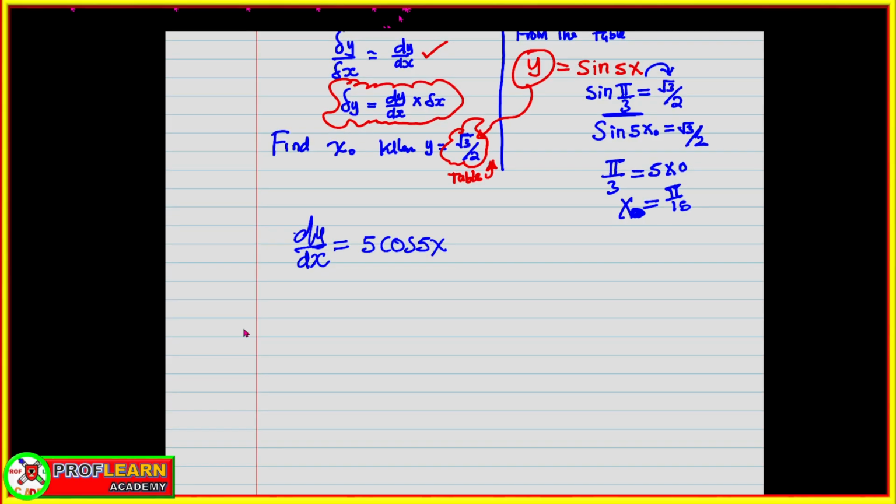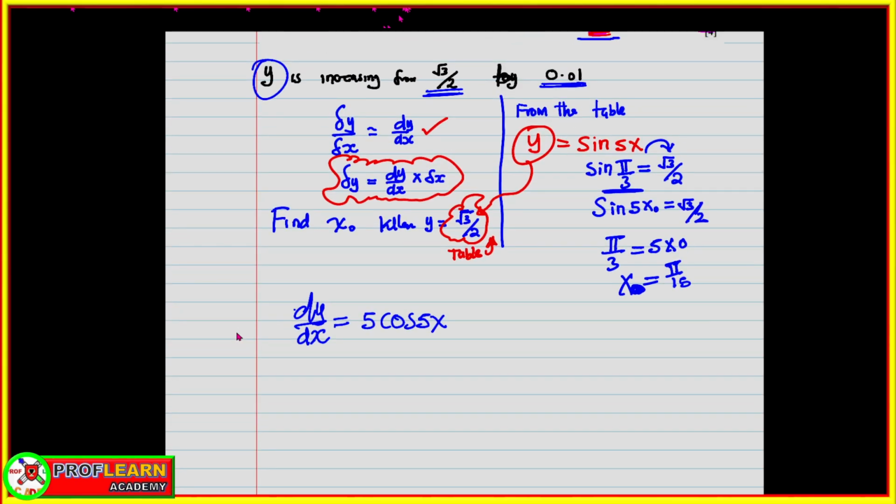Which means that we need to know dy/dx at the point where x is equal to pi over 15, and that is going to translate to 5 cos 5 times pi over 15.